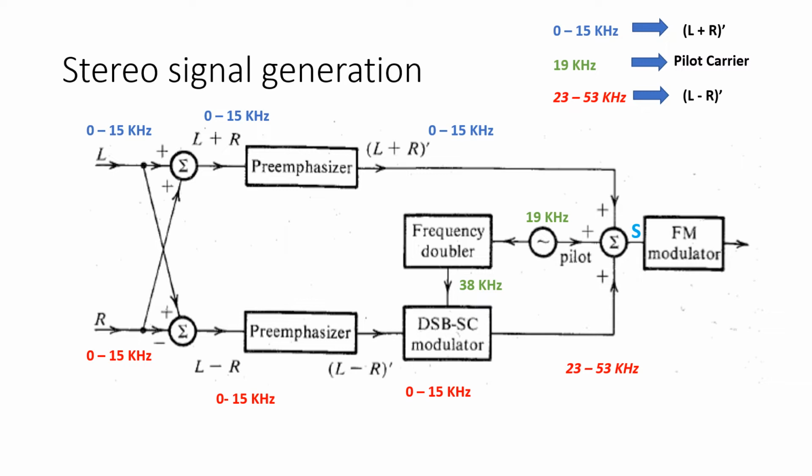Further, this stereo signal is provided to the FM modulator for modulation purpose, and after the modulation the signal is sent out. The pilot carrier of 19 kHz is used for the demodulation of stereo signal at receiver side. We will see demodulation of stereo signal in FM receiver unit.